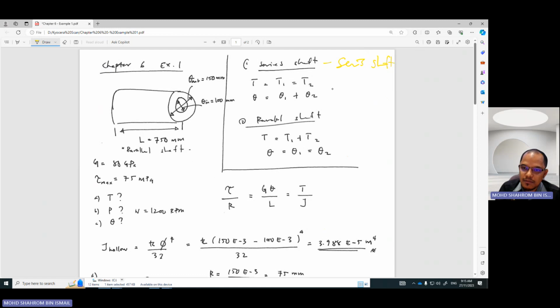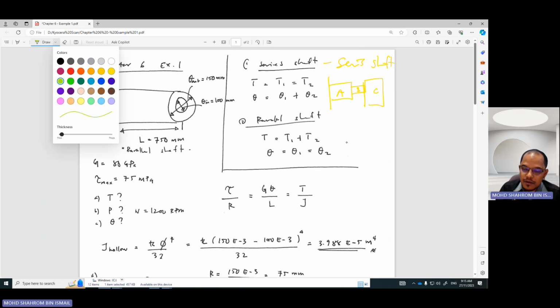Dia boleh jadi dalam macam keadaan A, B, and then mungkin boleh besar sikit ke C. So dia ada A, B, C. This one is series shaft. Ataupun shaft yang berseries.